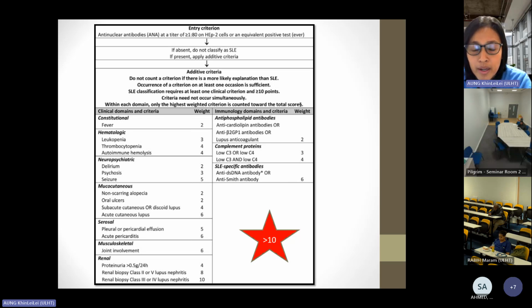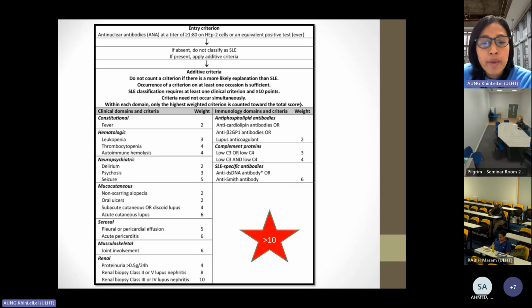So to be classified as lupus, the entry criterion is a positive ANA. And if the ANA is positive, then we look for clinical domains and then laboratory domains.